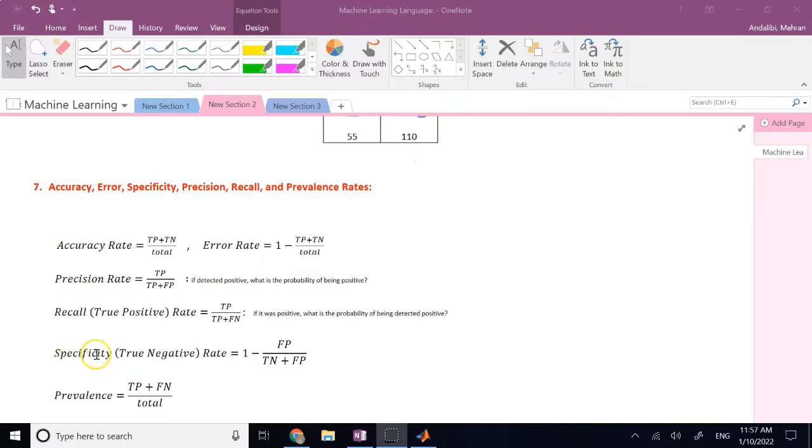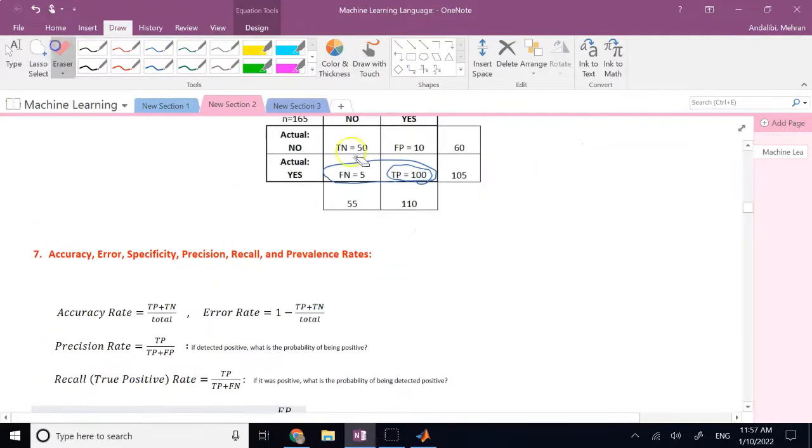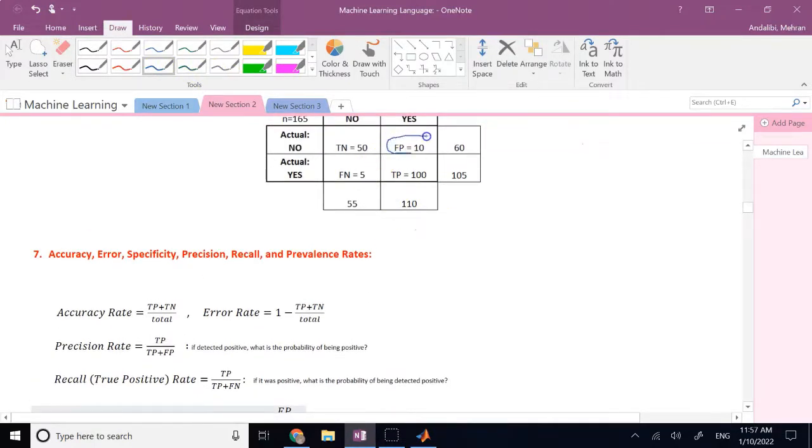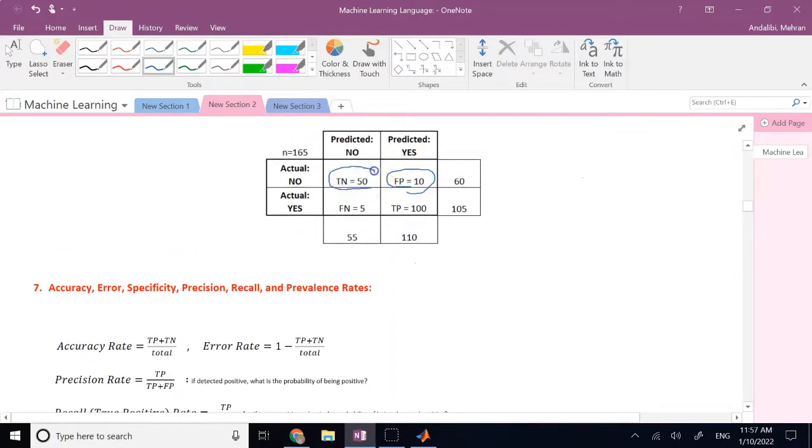We also have specificity, or true negative rate, which is 1 minus false positive over false positive plus true negative. If we go back and look at the confusion matrix, false positive is here, divided by false positive plus true negative, which is here, and 1 minus that is basically true negative over the whole row.